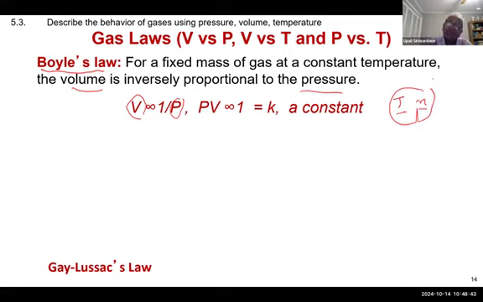Otherwise, they will change. You cannot change all of them. You have to hold one constant. There is pressure, volume, temperature, and n. You can only look at two of these. You have to hold temperature and the amount of gas, the number of moles, constant.